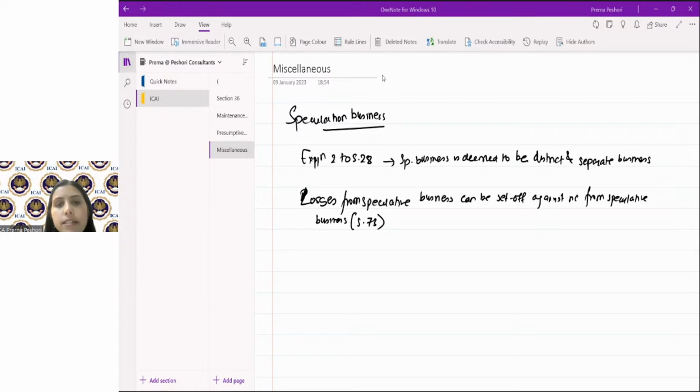So, speculative business is defined under section 43, we have the definition of the speculative business, right? What is the meaning of the speculative transaction? So, speculative transaction, let me just put it over here. 43. As I said, section 43 is the definition section, right? So 43(5) defines the speculative transaction. And what does it define?